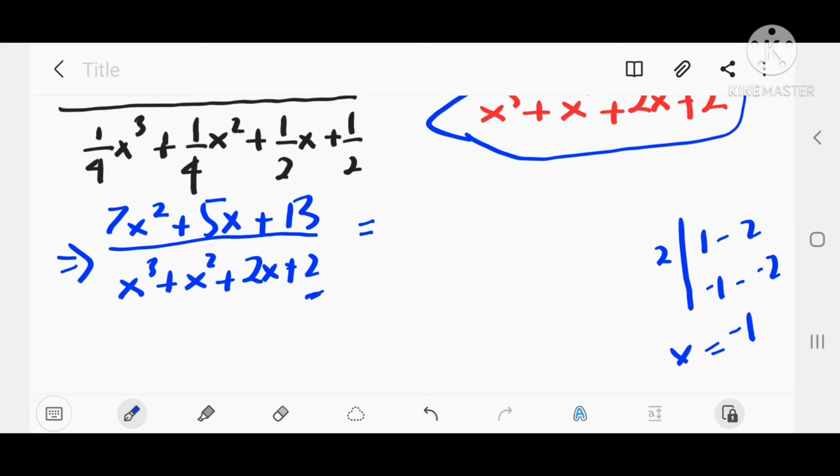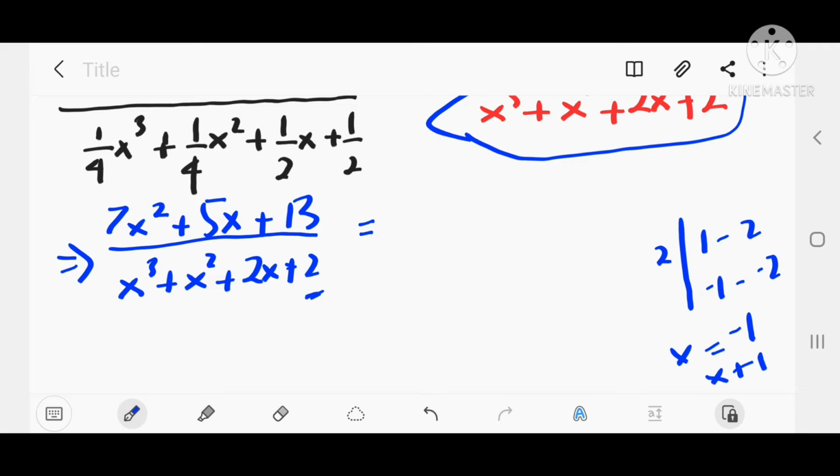So it means that x plus 1 is a factor of the denominator. So we use the x plus 1 to divide the denominator.